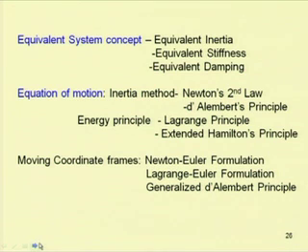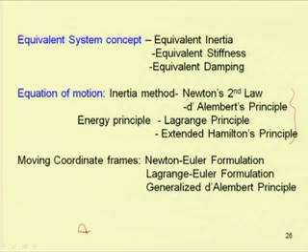Newton's second law or D'Alembert principle we can apply for rigid bodies with a fixed coordinate frame. If we have moving coordinate frames, then we can go for the Newton-Euler formulation, Lagrange-Euler formulation or generalized D'Alembert principle in this moving coordinate frame.